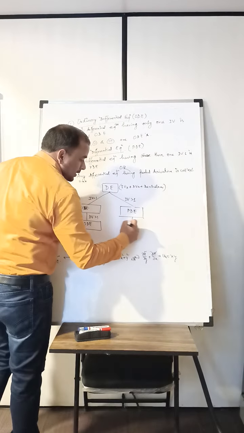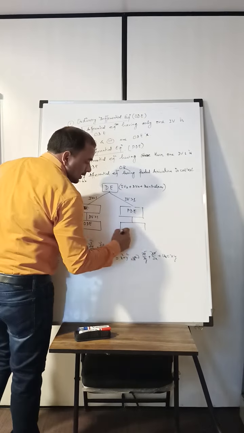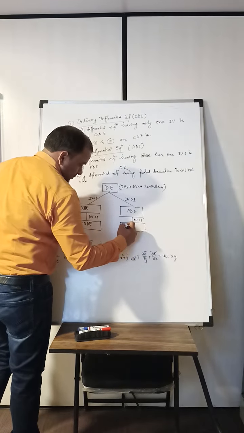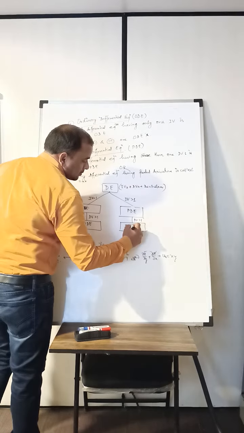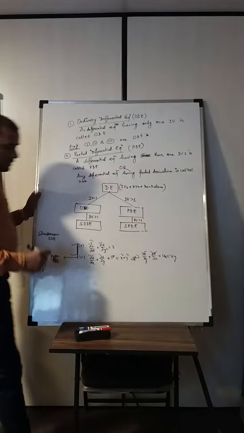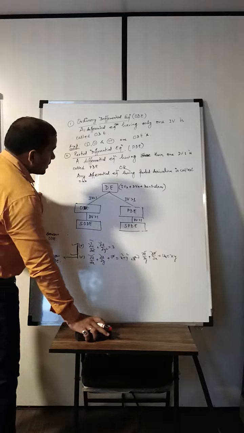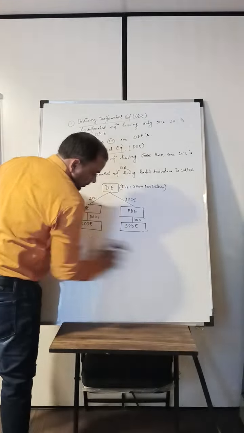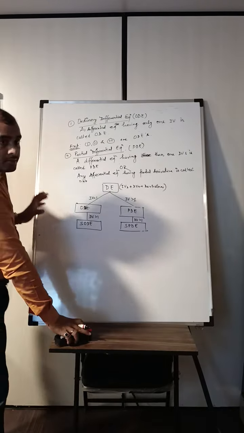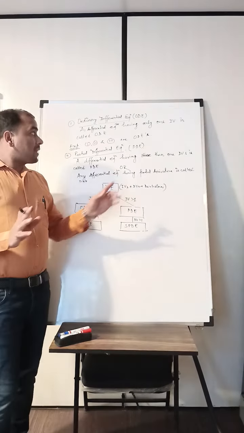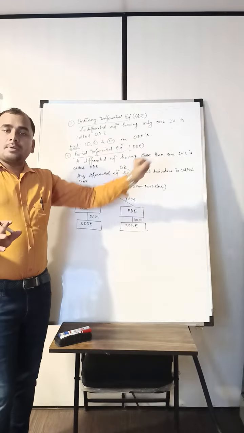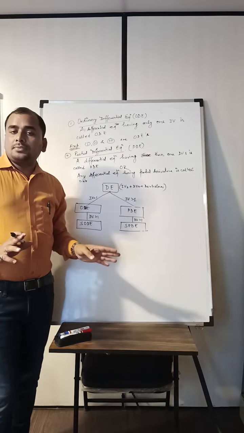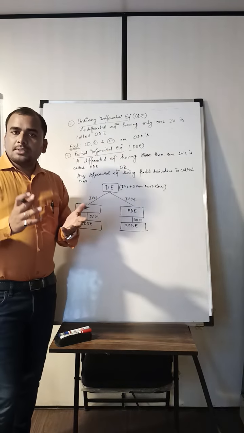Similarly, if the dependent variables are more than 1, then it is called a simultaneous partial differential equation. These are the classifications of differential equations on the basis of the number of independent and dependent variables.